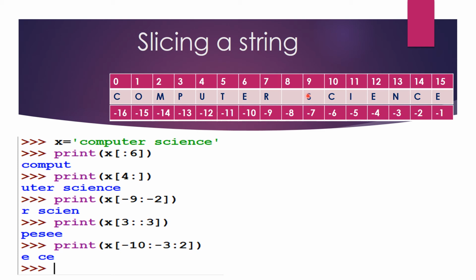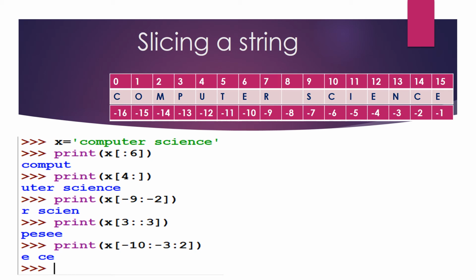S is the first value and the second value is C, and again it will leave I and will print E, and the last stop is -3. So it will stop printing till E.